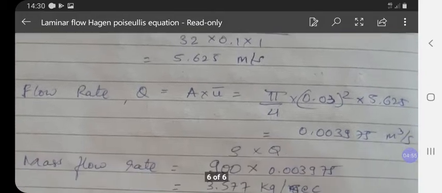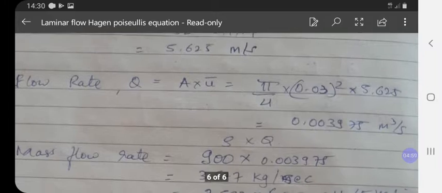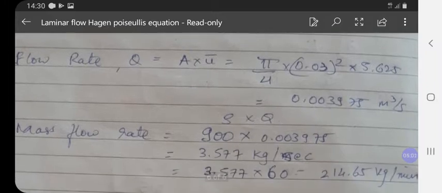So flow rate Q is equal to area into velocity. The area is pi by 4 d square into velocity. So I get 0.003975 meter cube per second. Mass flow rate is nothing but the mass density into the discharge or flow rate. So 900 is the mass density, as the specific gravity is given to us as 0.9.